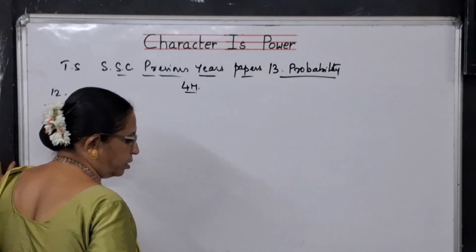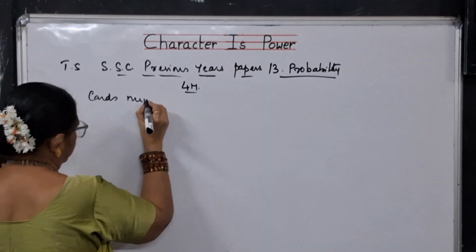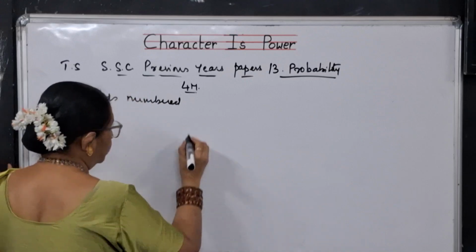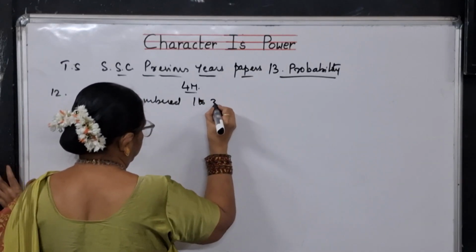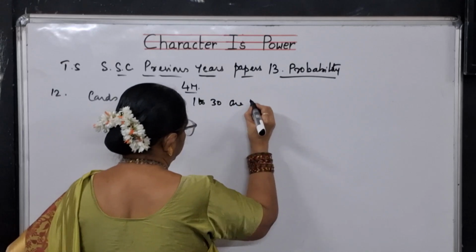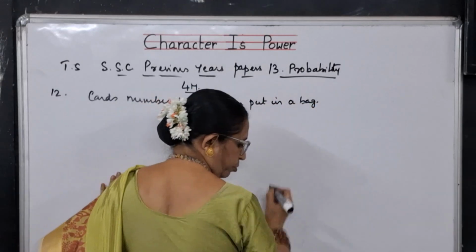30 cards numbered 1 to 30 are put in a bag.